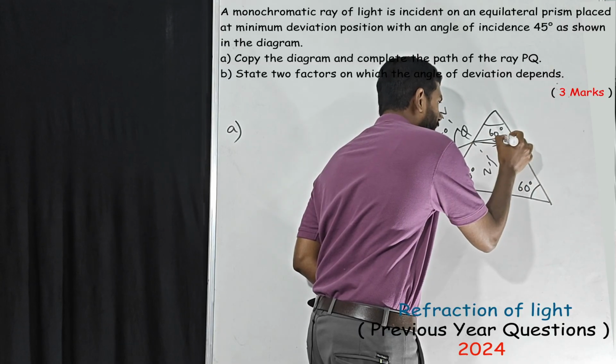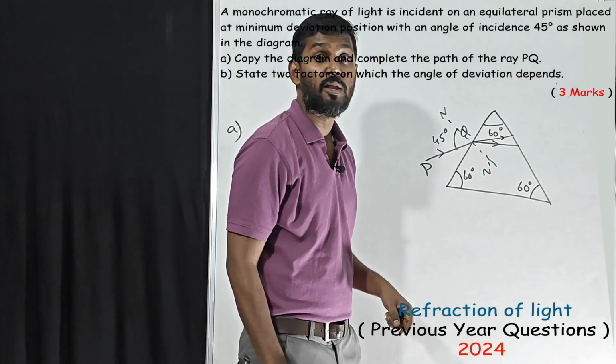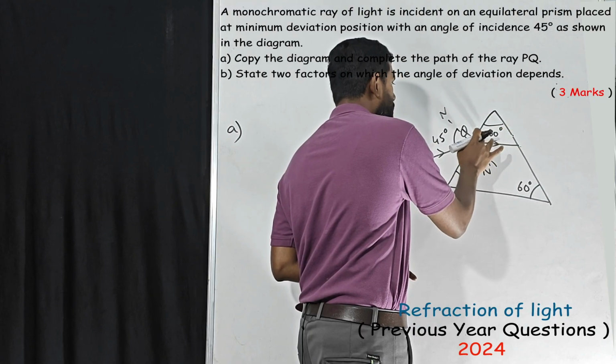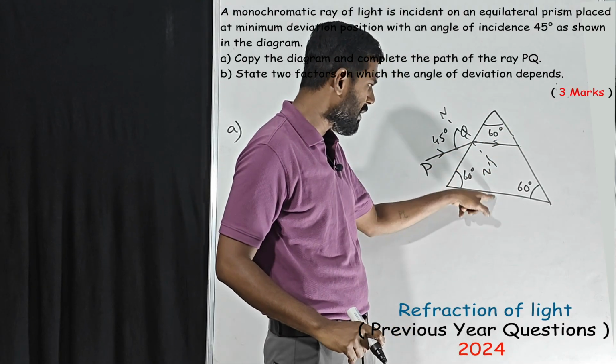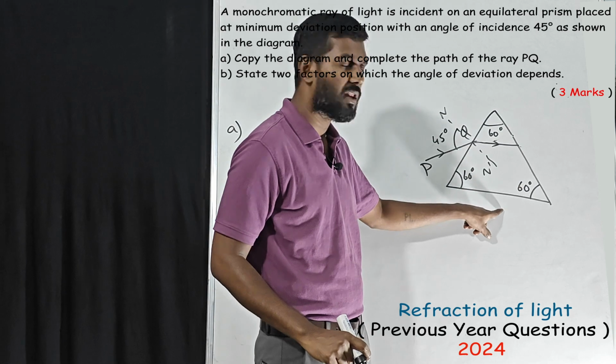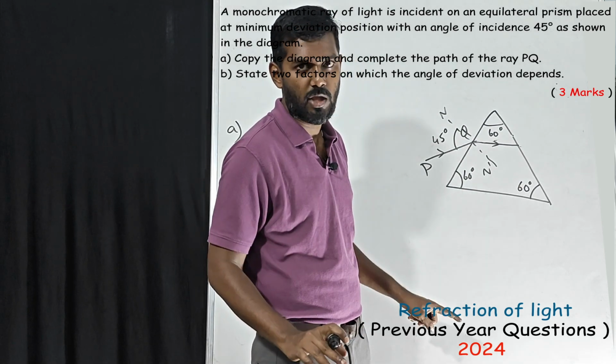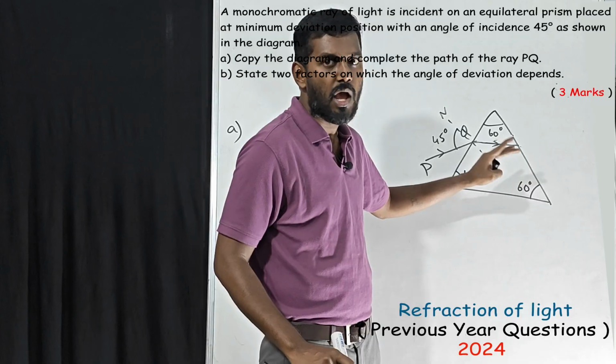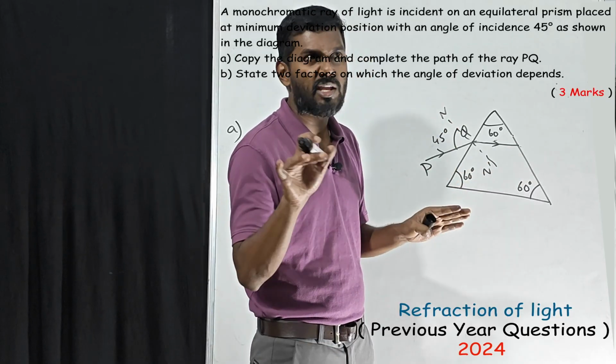But since minimum deviation is mentioned, the refracted ray will be parallel. If this is not parallel, no one is going to give you marks. They will easily know you don't have the knowledge, so they will give you 0 marks.